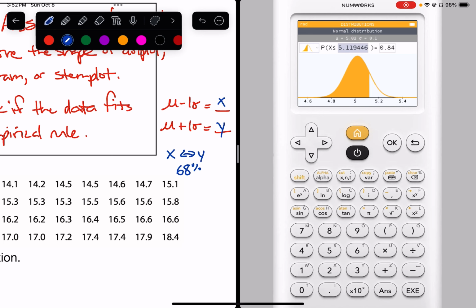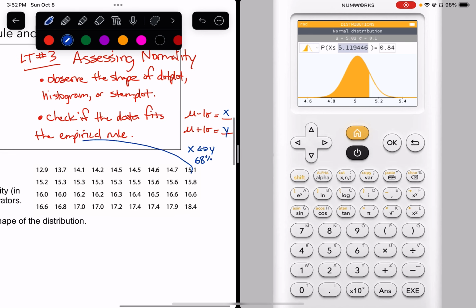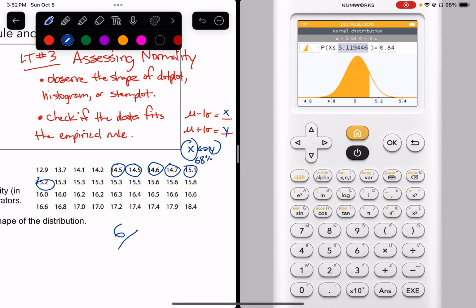So if I look at my data set, like for example this one, I would count how many numbers are in between X and Y: 1, 2, 3, 4, 5, 6, and 6 out of my total is about 68%. I'm just using those as an example. It's obviously not a direct one, but that's the idea. I would check and make sure that that's about 68%.